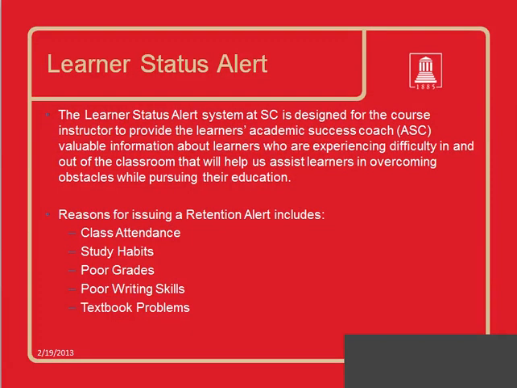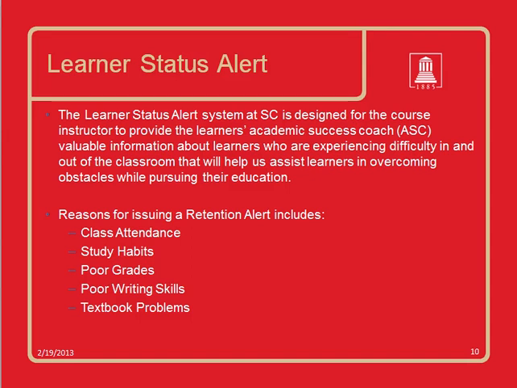A learner status alert is a system from your instructors that goes to your academic success coach. It alerts the coaches to know that there's an issue that a learner is facing that maybe needs some support from their coach.